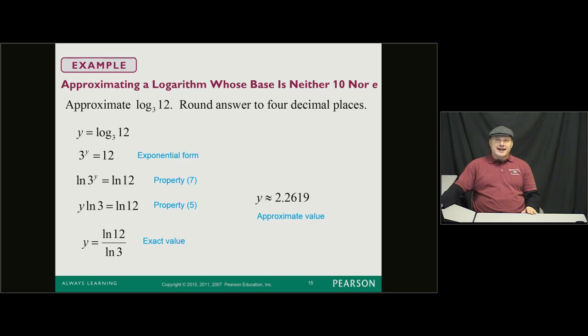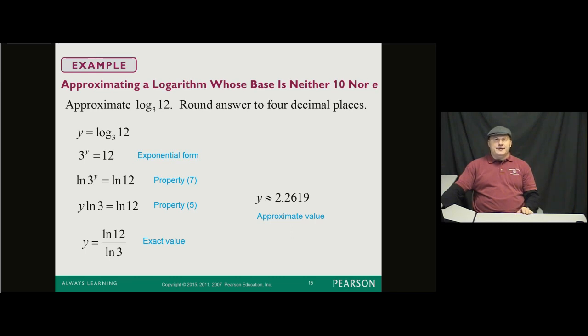If you approximate it down to 2.2619 and you raise 3 to that power, you're not going to get exactly 12 because you rounded it off. But I will tell you, you'll get really close to 12. You'll either get 11.999 or 12.001 or something like that. If you go out to more than 4 decimal places, maybe 5 or 6 decimal places, the more you go out, the closer you'll get to that 12.